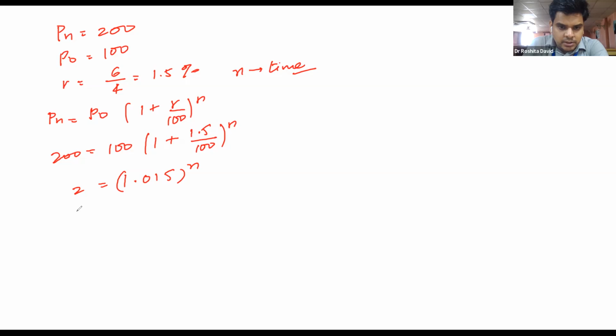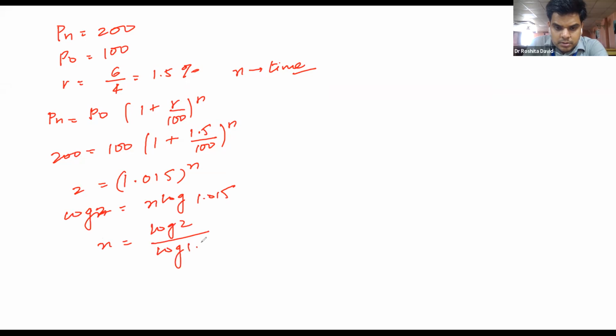So if I take log of this to find n, log 2 is equal to n log 1.015. So n is going to be log 2 upon log 1.015. I know this first value 0.3010, I don't know this value. So this you will have to see.